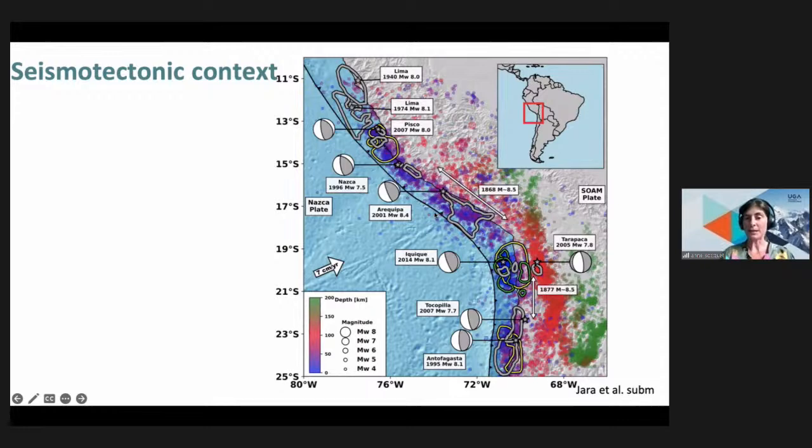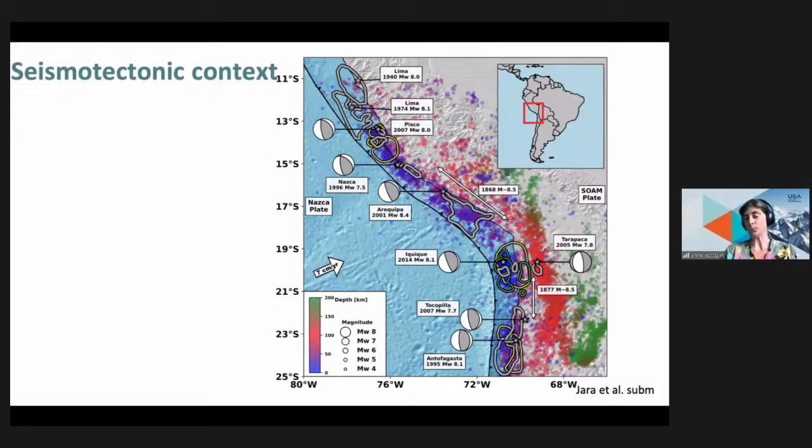This was Arequipa in 2001, then Pisco in 2007, Antofagasta in 1995, Tocopilla, and finally the Iquique earthquake. Still, we have a large portion of the megathrust that has not been ruptured recently, since the two large historical earthquakes in 1868 and 1877.